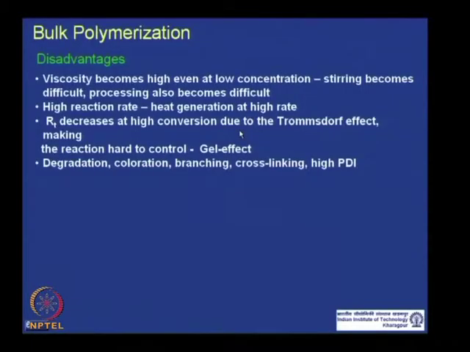As we know, high monomer concentration gives high reaction rate, so heat generation is high, and as a result local heat formation takes place, coloration and degradation take place, and we have discussed if you cannot dissipate this generated heat, then you can actually get a gel effect because the diffusion comes down. These are the disadvantages you can get from bulk polymerization.